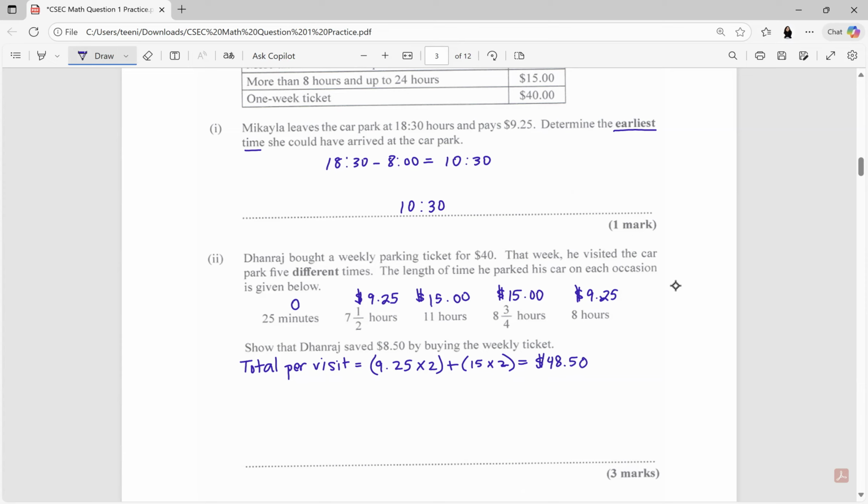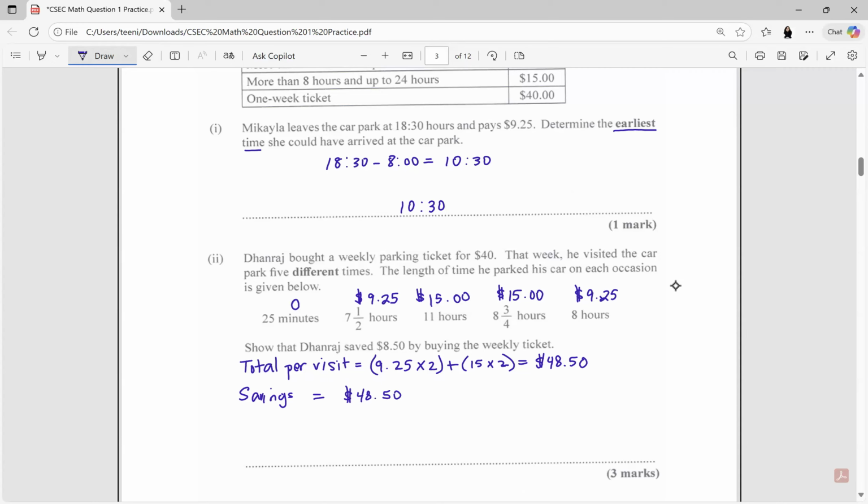$48.50. And the cost for a weekly ticket is $40. So the difference, savings. Well, that's looking like an X. Savings would be equal to the amount he would have paid per visit, that's $48.50, minus the cost of the weekly ticket, which is $40, and that gives us $8.50.